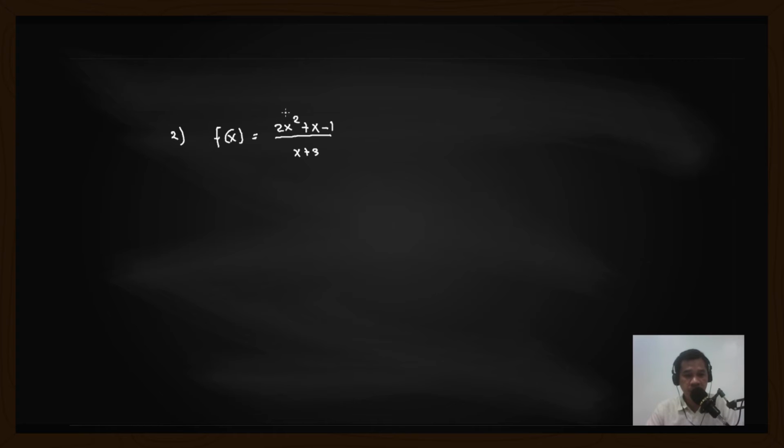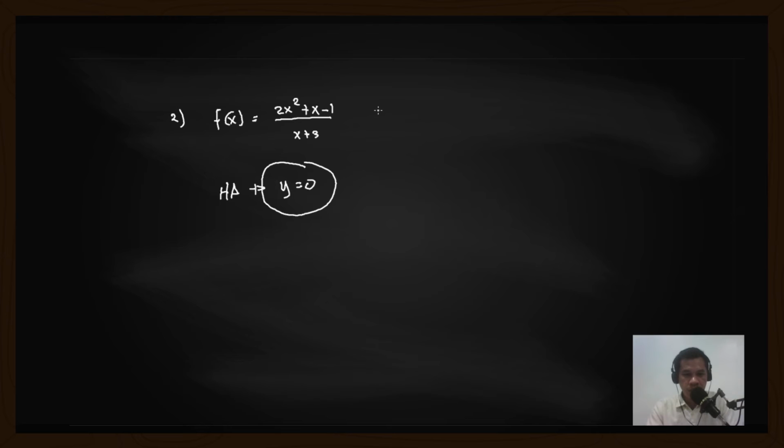May pinakamalaking exponent, that is our first term. As we can see, the arrangement is in descending order, same also below. Then we compare the exponents. The degree of the numerator is greater than the degree of the denominator. Then our horizontal asymptote is at y is equal to 0.